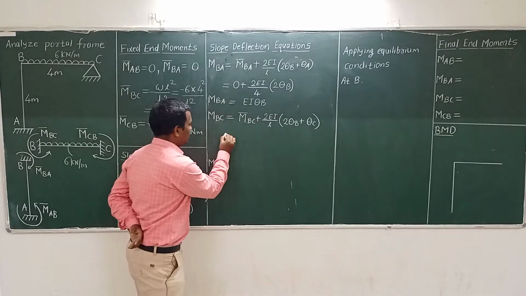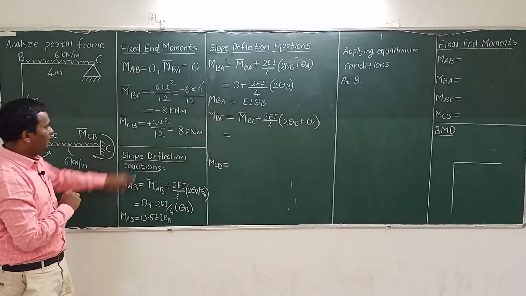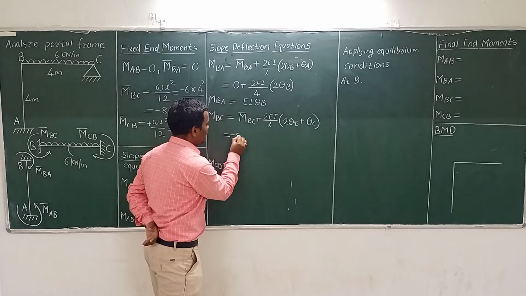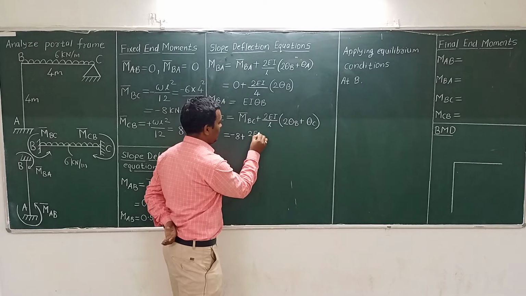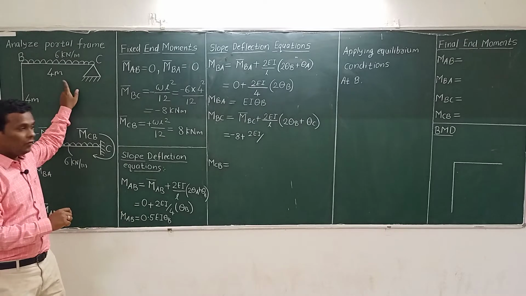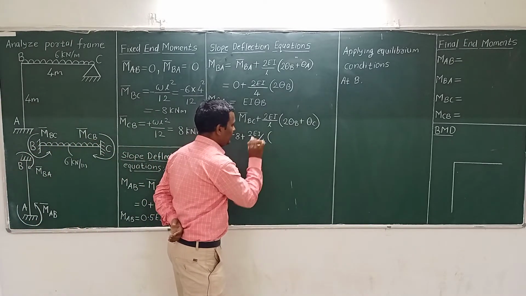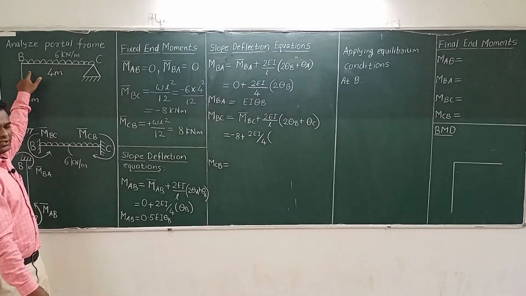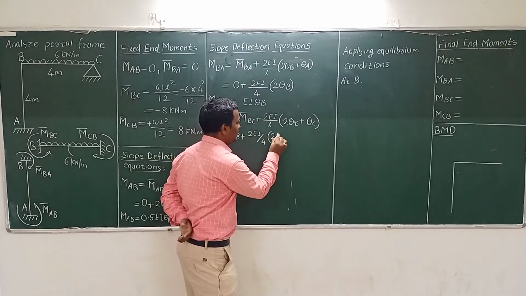Okay, so that is equal to, now M bar BC we know that. What is M bar BC? M bar BC is minus 8. So when we solve this, minus 8 plus twice EI divided by, now the length for BC is again 4, so 2 EI upon 4 inside the bracket. Now if you see joint B, the rotation is possible, meaning slope at B is possible, so twice theta B will be as it is.